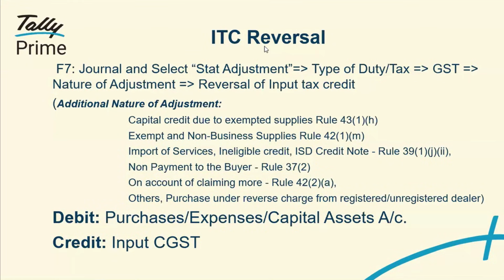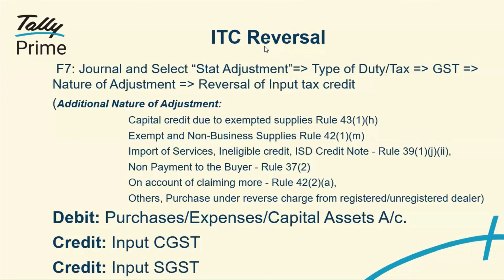If it is any expenses, for example, traveling related expenses, some personal expenses which have been debited in the P&L along with the ITC part, if it is disallowed in GST, whether under rule 42 or in any other manner ineligible ITC, I need to debit that expense and credit the respective tax ledger.